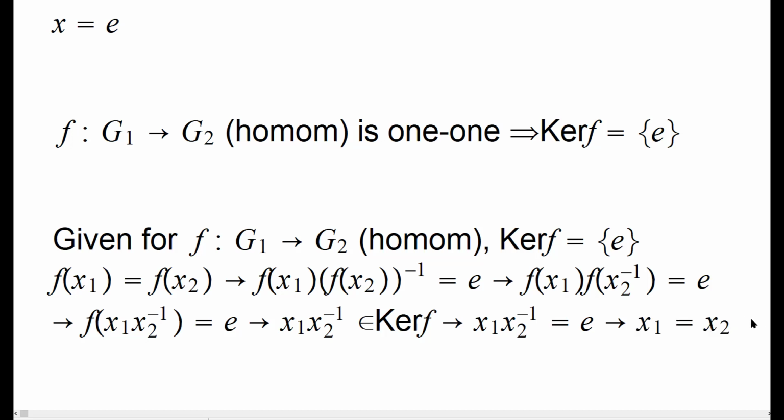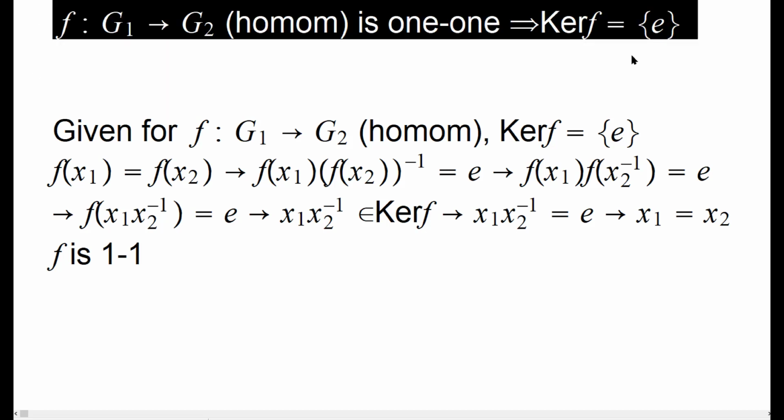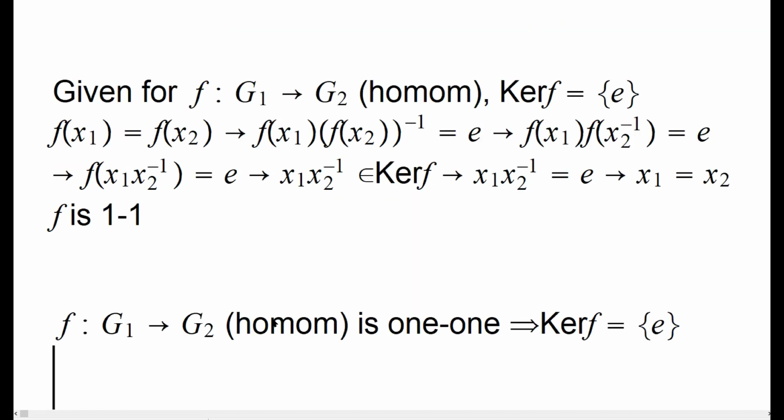So what does this show then is that the homomorphism that we have here is 1-1, right? So what we just did was we showed that a homomorphism between two groups is 1 to 1.